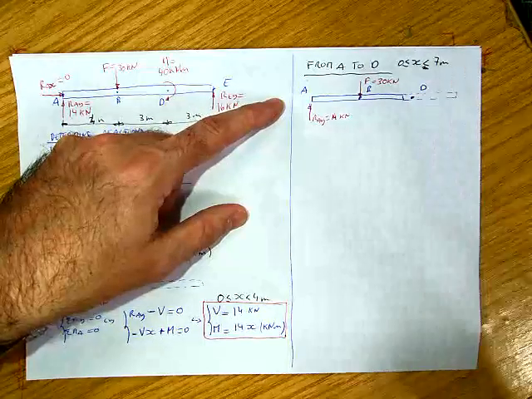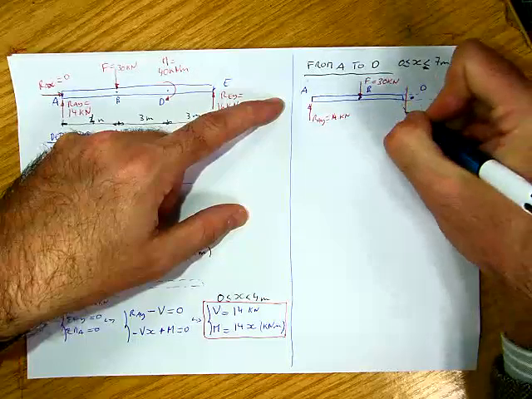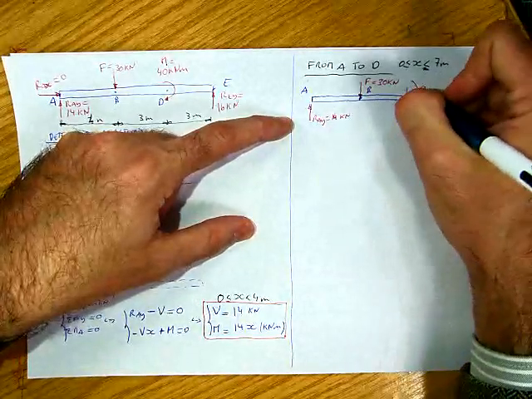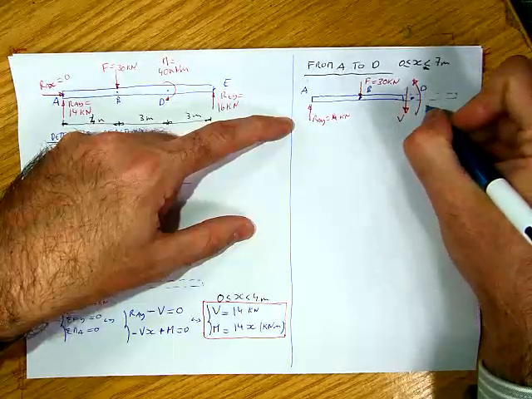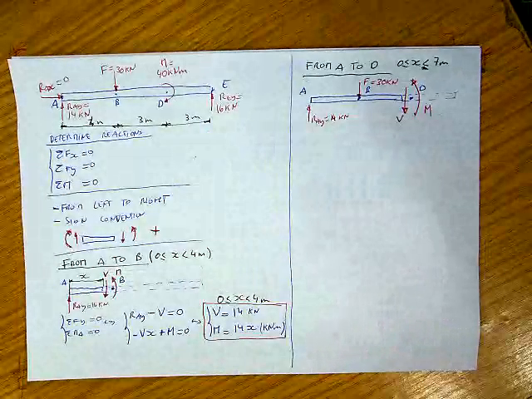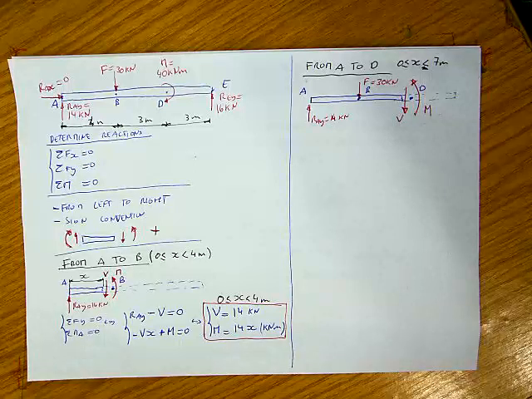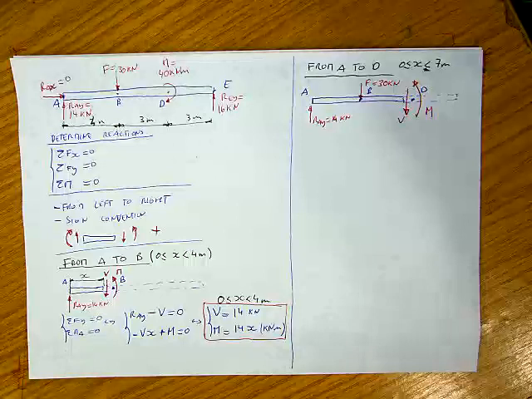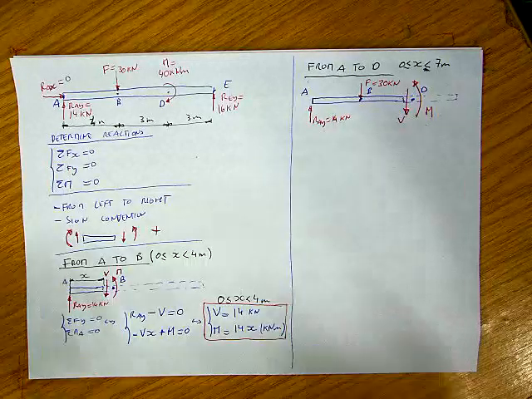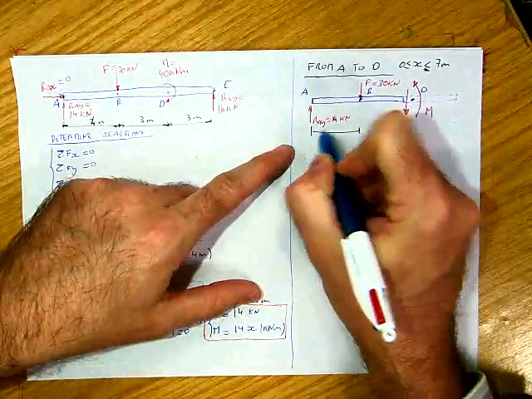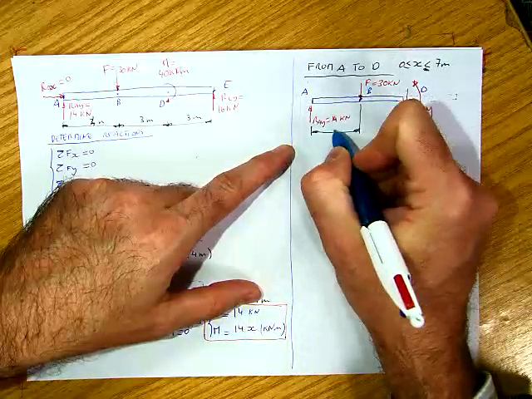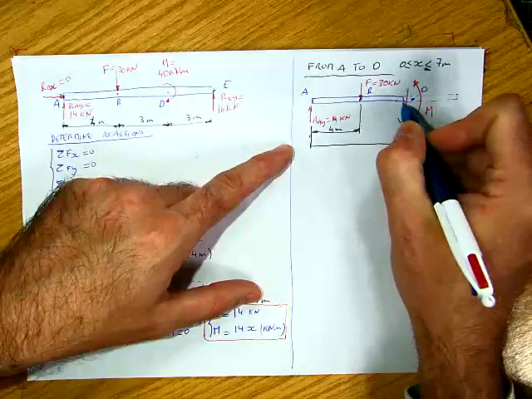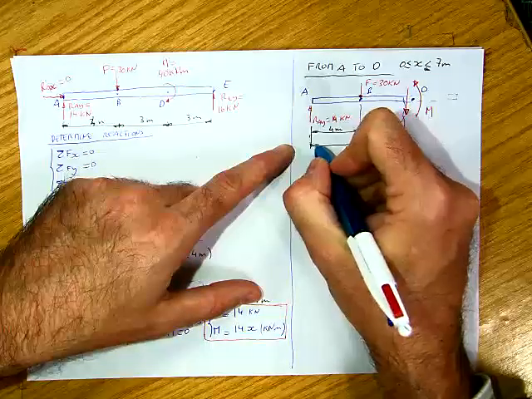The couple is outside, and again I use the positive sign convention: the shear force points down when it is on the right, and the bending moment is anti-clockwise when it is on the right. This is my free body diagram. The shear force and the bending moment represent the effects from the rest of the beam which I left outside. I now need to add some distances. The distance from A to B is 4 meters, but the distance up to where I have sectioned my beam is X.